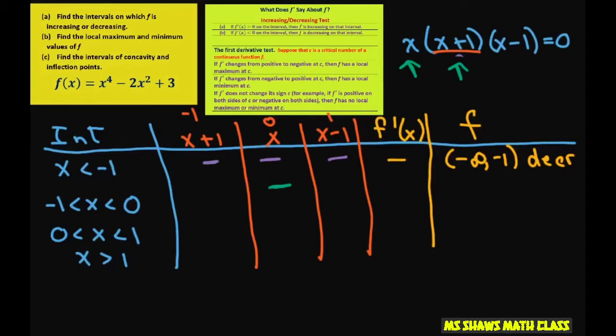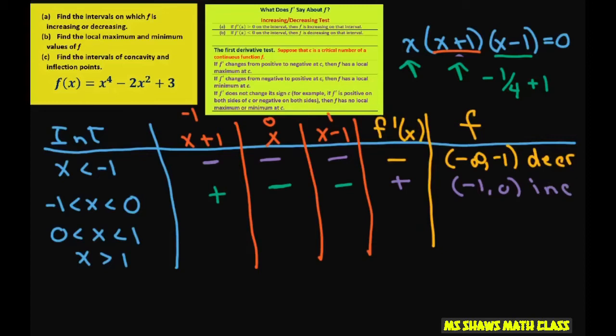If I put in negative 1/4 plus 1, that's going to be a positive. And then if I plug a negative into the last factor, that's still going to be negative. So basically what I have is a positive times two negatives, which is going to be a positive. That means our interval is increasing from negative 1 to 0.